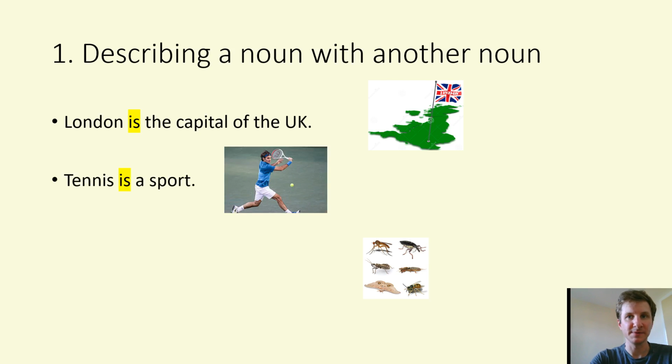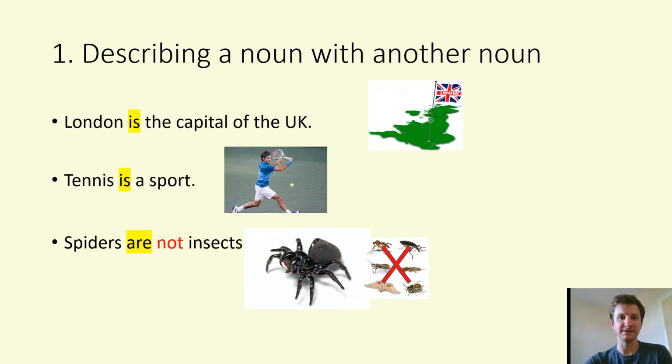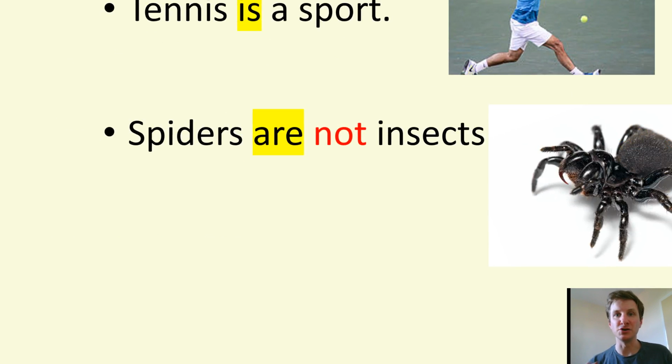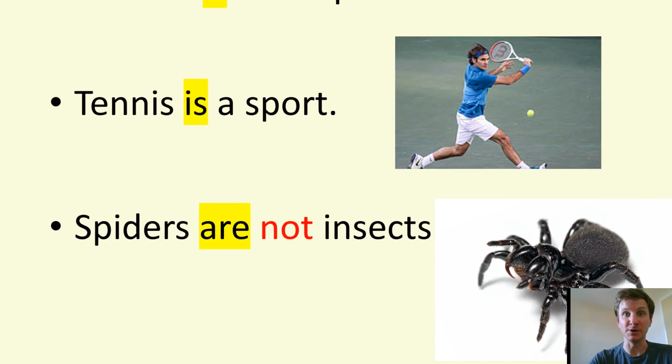Another example, tennis is a sport. Tennis is a noun. Sport is a noun. Tennis is a sport. And our third example here, spiders are not insects. This is a negative example. Spiders are not insects. So we use the be verb are with the negative marker not.